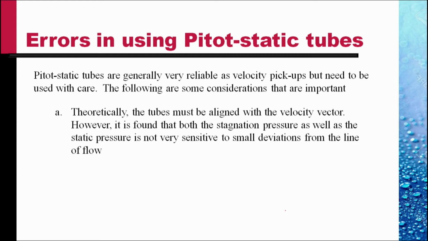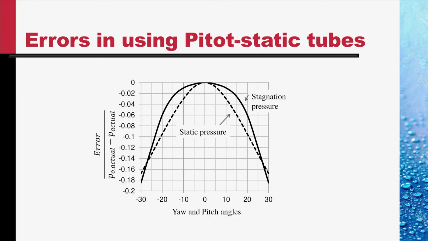However, it is found that both the stagnation pressure as well as static pressure are not very sensitive to small deviations from the line of flow. So the error that you see in pitot pressure and the static pressure are seen here.